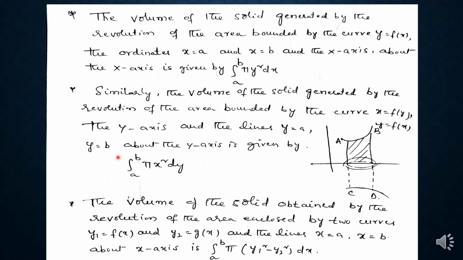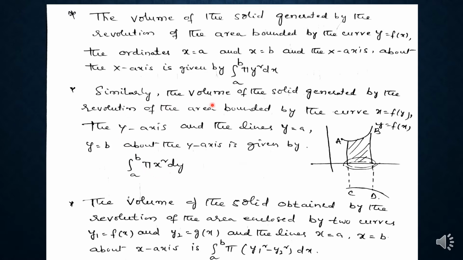Similarly, if we take the curve x is equal to f of y, x is a function of y, and the abscissa y is equal to a and y is equal to b. If I rotate the curve x is equal to f of y and the lines y is equal to a, y is equal to b, about the y axis, the volume is given by integral a to b pi x square dy.